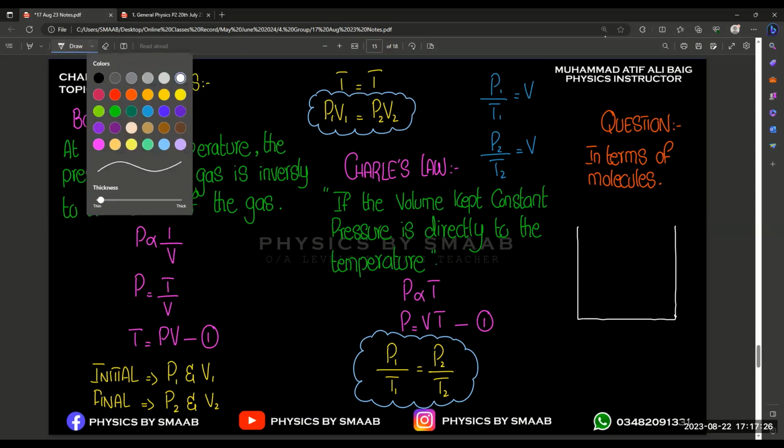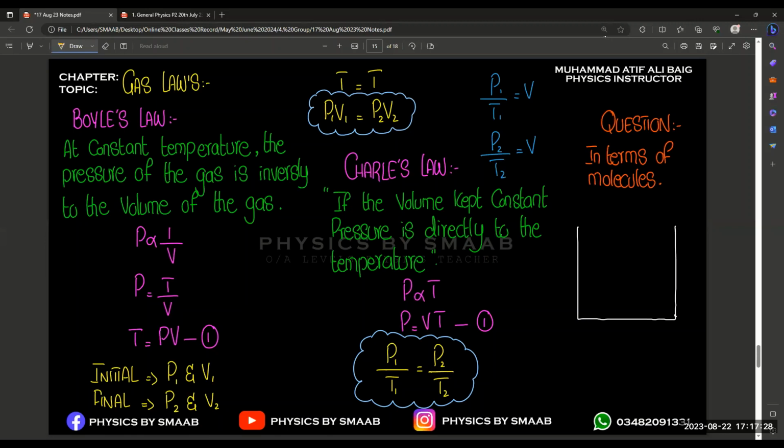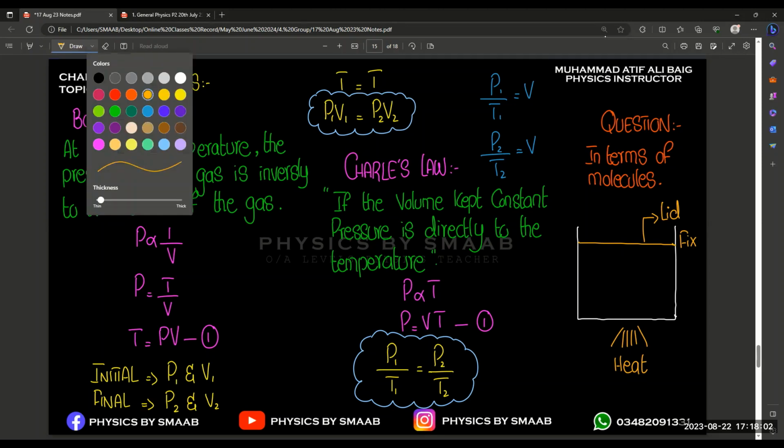If we apply thermal energy, we supply heat, which will increase the temperature of the gas. And we know that we need to keep the volume constant. So we take a lid over here, and if this lid is completely fixed, the volume of the container and the volume of the gas will not change, right? So that is the condition.